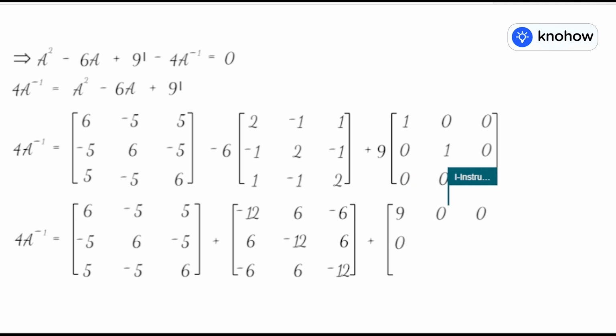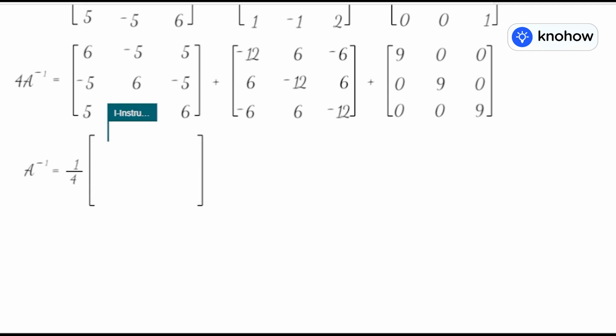Now all the three matrices at this stage can be added, being the matrices of third order. So it was 4 times A inverse. So what will be A inverse? 1 by 4 times the matrix obtained by adding the 3. So what do you get? At least the first term is 6 plus 9, 15 minus 12.